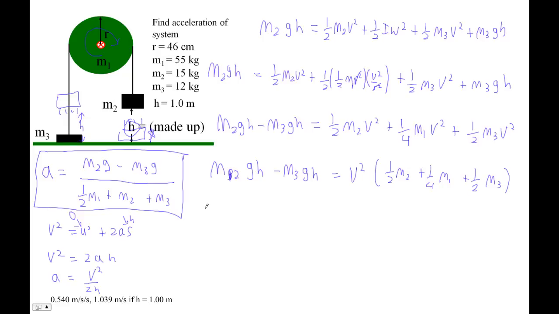So v squared is equal to m2gh minus m3gh all over 1/2 m2 plus 1/4 m1 plus 1/2 m3. Now remember our trick. To turn v squared into acceleration, simply divide by 2h. So divide by 2h. This will become a.